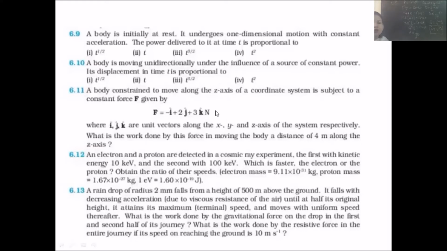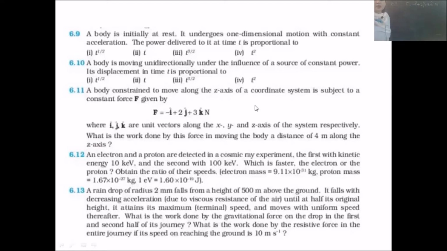All right. Now question number 11. A body constrained to move along z-axis of a coordinate system is subject to a constant force F given by, let me note this force down, F is equal to minus i cap plus 2j cap plus 3k cap Newton, where i, j, k are unit vectors along x, y and z axis of the system respectively.